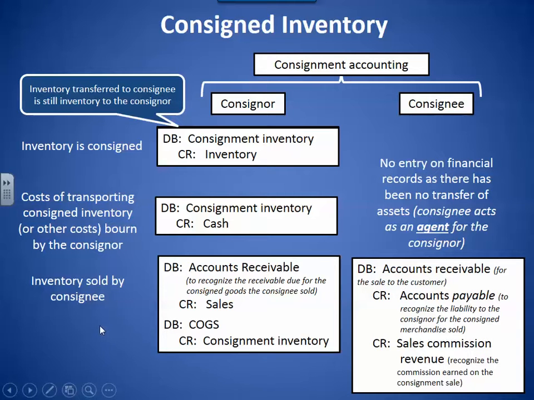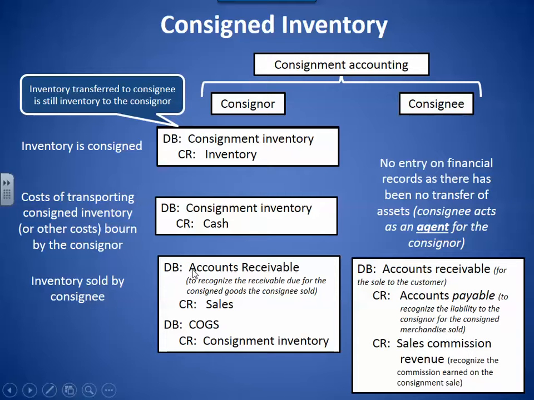Now, let's assume the consignee sells the inventory. If we go back to the consignor, of course, the consignee must tell the consignor that they sold the inventory. So the consignor makes two entries.